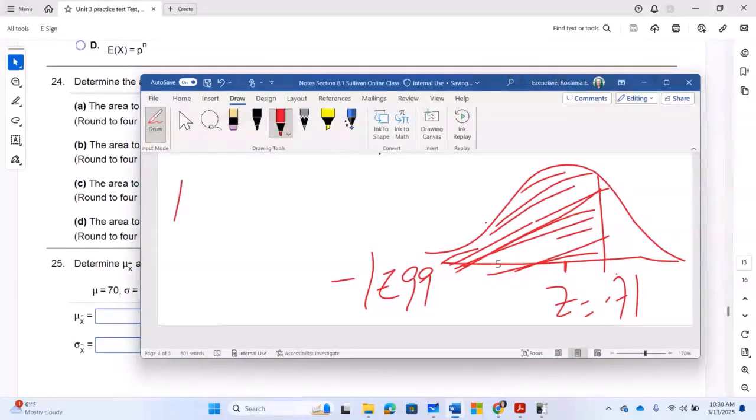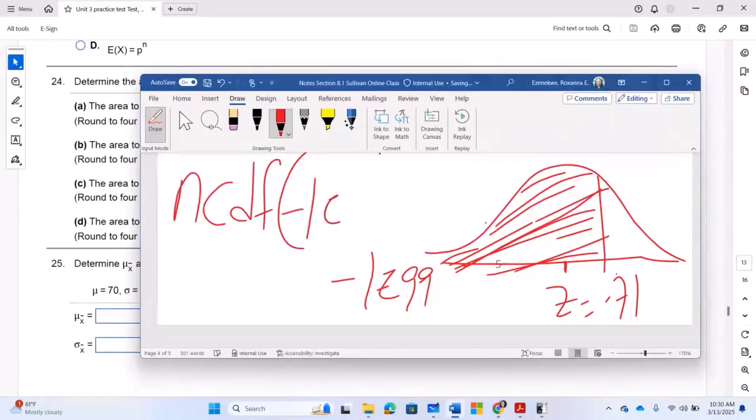Okay, so normal cumulative density function. What is the smaller number? Negative infinity. And remember that your calculator does not know about infinity. So whenever it's negative infinity, you put in negative 1e to the power 99. Okay. Now, what is the upper number? Z equal to 0.71.